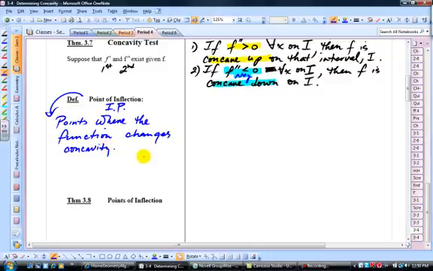There is one case where it may not, so we'll explore that as well. But an inflection point is where a function can change concavity.